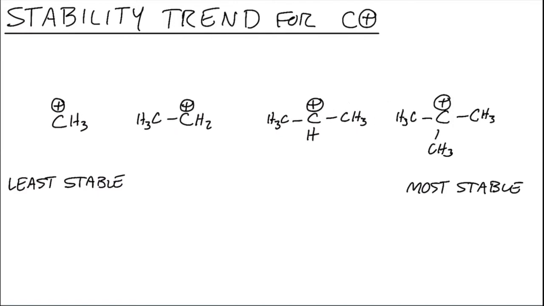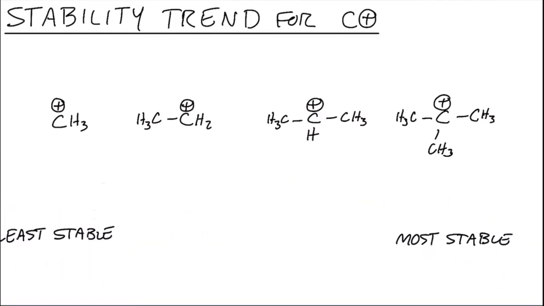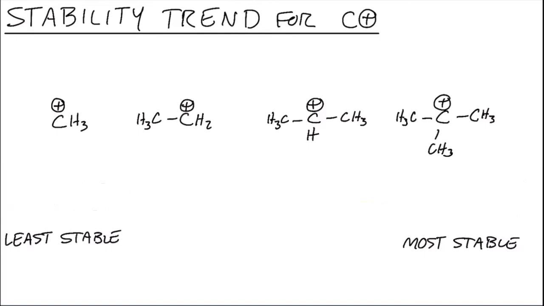So let's put a little bit more terminology down here to these carbocations and their names and some ways to describe them. And I should say this is, again, a general stability trend for carbocations. That means that these don't necessarily have to be methyl groups. They could be other carbon groups as well, but methyl is just one of the smallest, easiest groups to draw. So that's why I've chosen that.